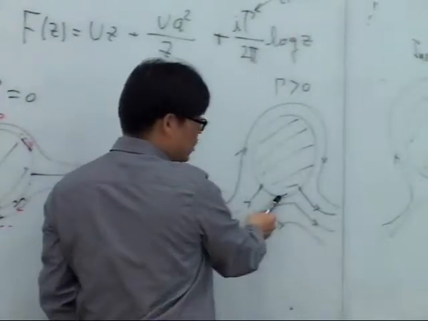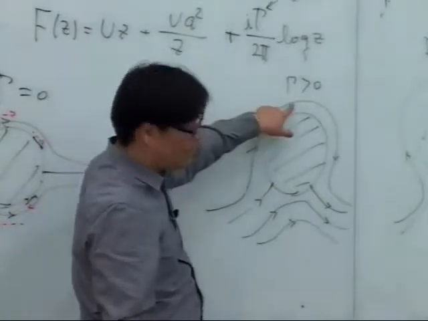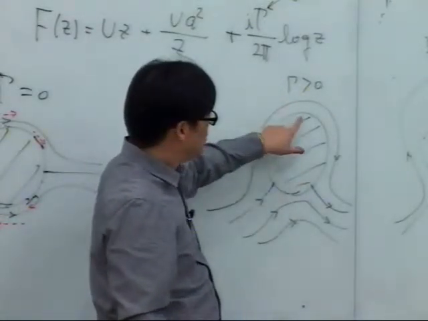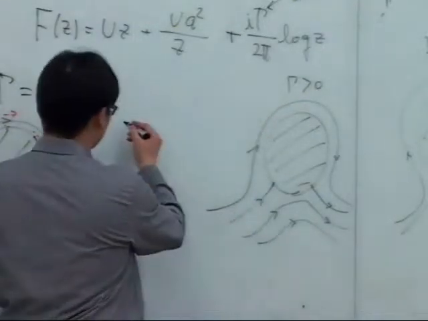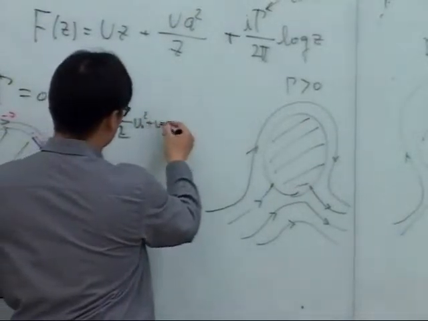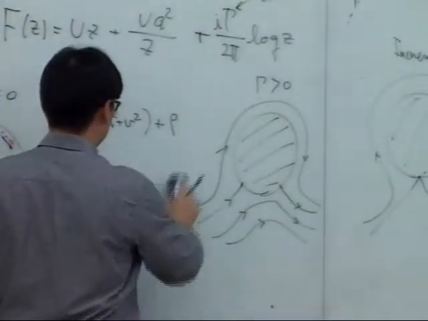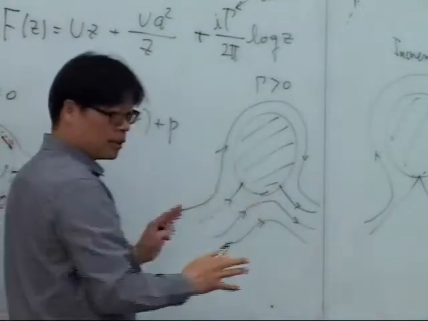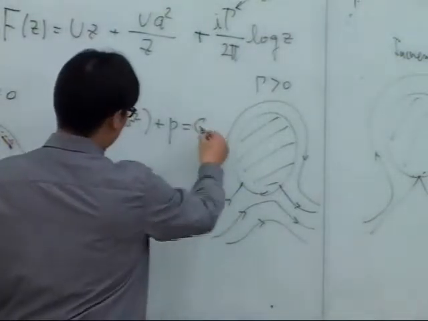Velocity here is greater than velocity here, and therefore pressure here, which one is bigger, here or here? From the Bernoulli equation. The Bernoulli equation says 1/2 rho u squared plus p, for the steady case, and I don't have to worry about the gravity this time since it is 2D, has to be constant.